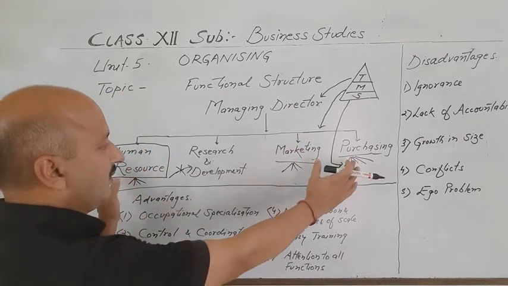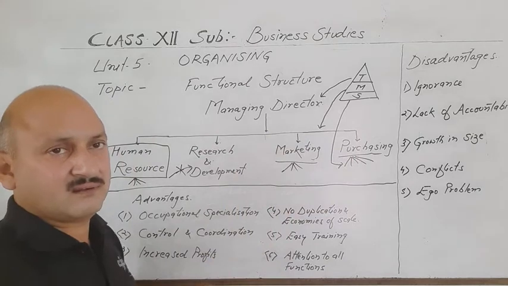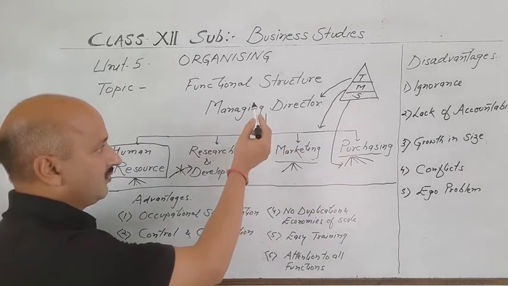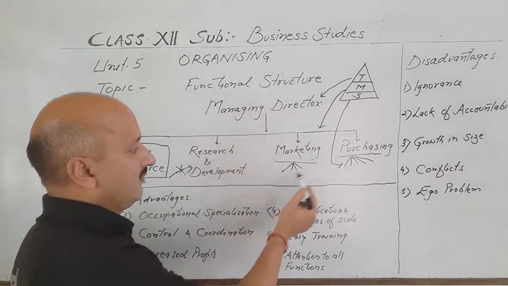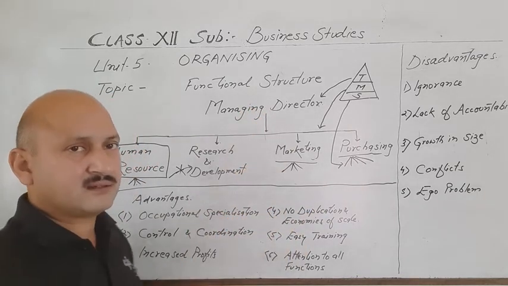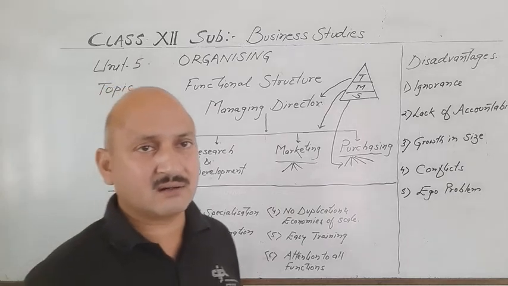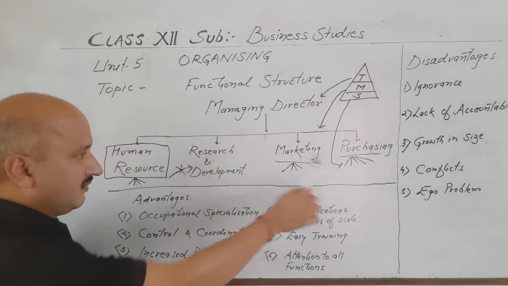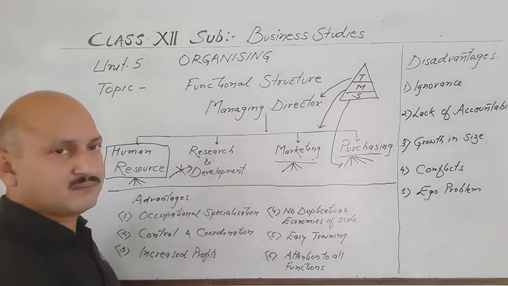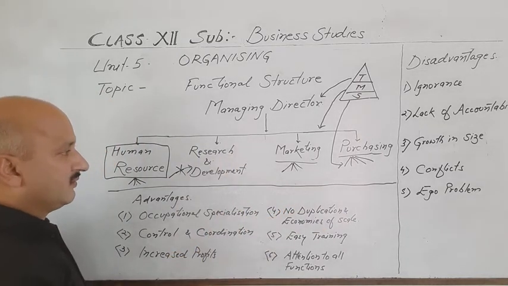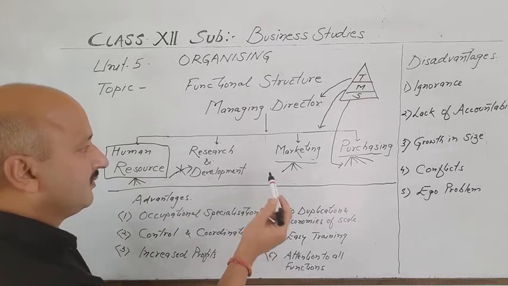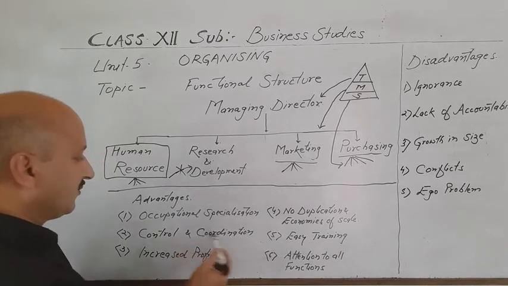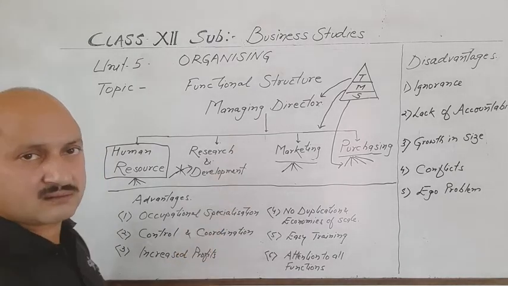We only have to handle 4 persons. The managing director will not talk to each and every supervisor, because supervisors are more in number and workers are lots. So he will deal with only 4 persons. This will save his time and effort, and there will be clarity. So control and coordination is very good in this structure.